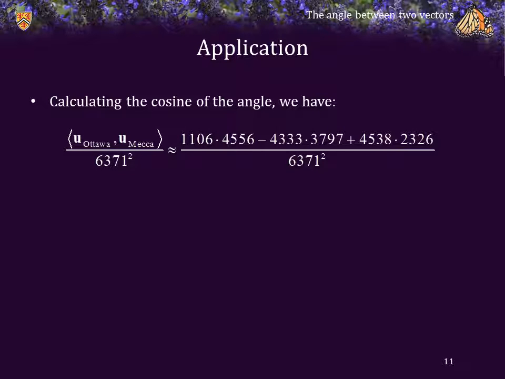Now, calculating the cosine of the angle between these two vectors, we have the inner product of the two locations in the numerator and the norms of these two vectors in the denominator. And of course, the norm of each of these is the radius of the Earth. This we can calculate to be approximately negative 0.02114, which means that Ottawa and Mecca are slightly more than 90 degrees apart.